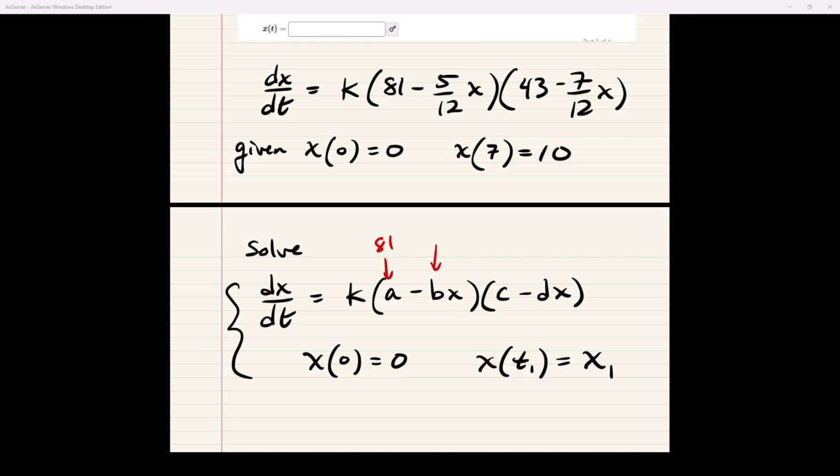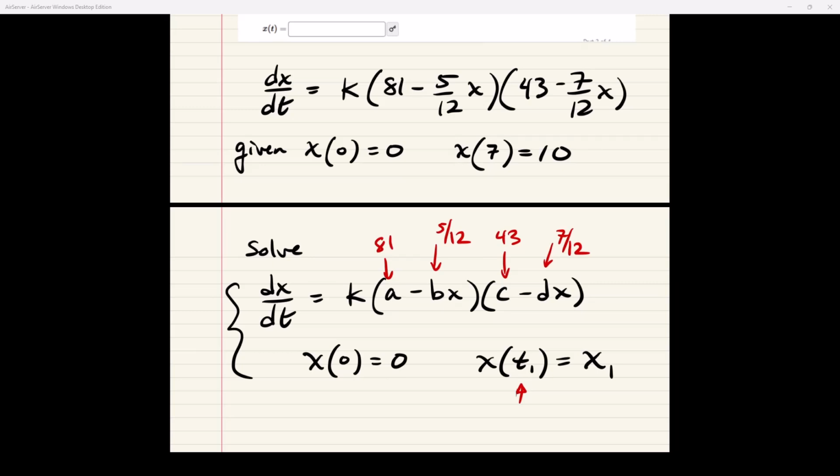B is going to be 5 over 12, because I already have the minus in the equation. My C value is going to be 43, and then the D value in this specific one. Of course, the point is that in OpenMath you're going to have these algorithmically generated questions, and the numbers are going to change, so we want to track that.